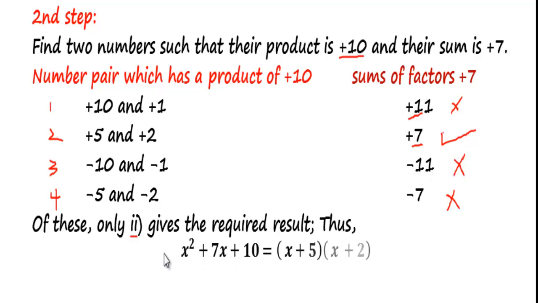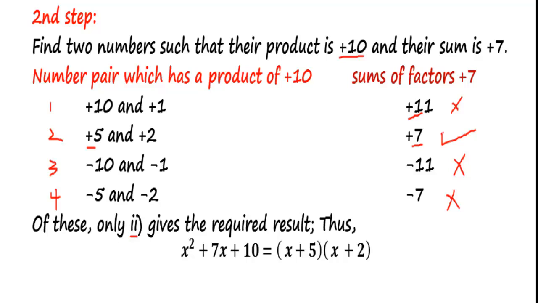Now let's move on. Now that means x squared plus 7x plus 10 will be equal to where you kept the space before, up here. Are you seeing it? And this space. It now means you are going to put those two numbers inside it. The first number is plus 5.